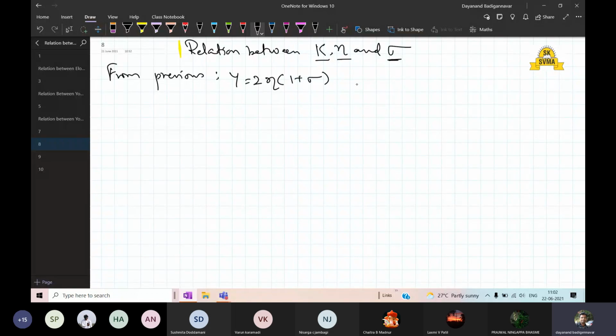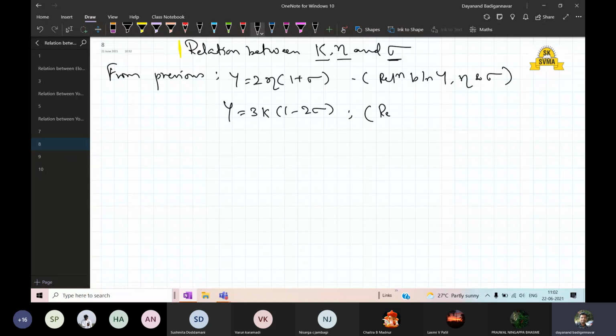This is the relation between y, eta, and Poisson's ratio. Similarly, there is one more relation, y is equal to 3k into 1 minus 2 sigma. This is the relation between y, k, and Poisson's ratio.